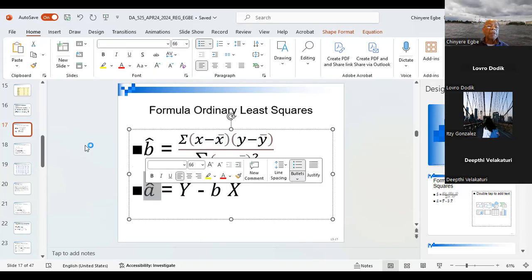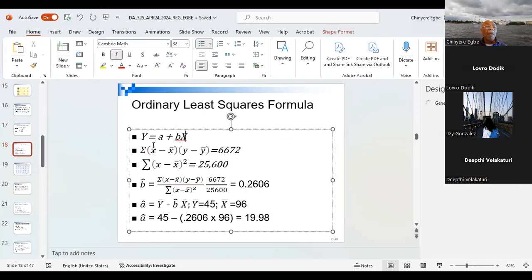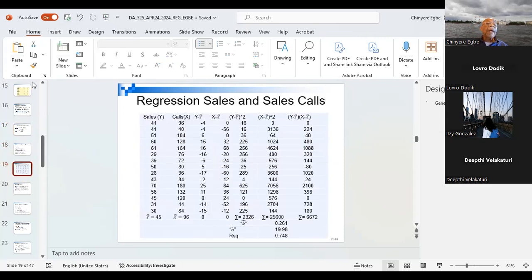So how do we then proceed? I'm going to provide you an illustration. To provide that illustration, I'm going to use the data here.